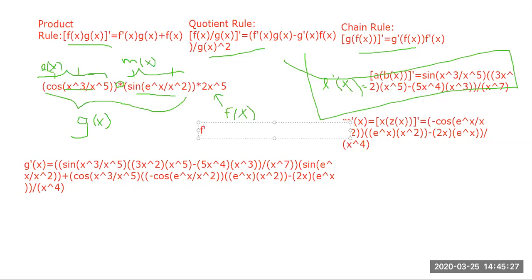F prime of x equals, you wanna know? 10x to the fourth. See how I got that? Multiply the 5 by the 2. Take n minus 1 for the power. So 10x to the fourth.